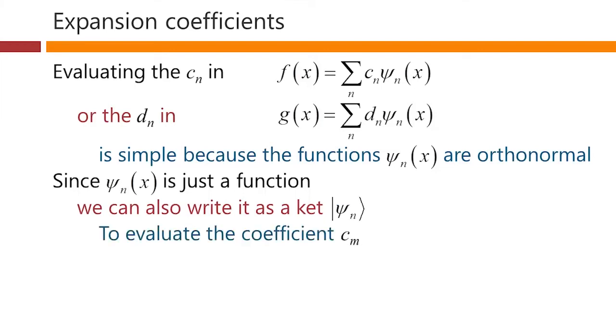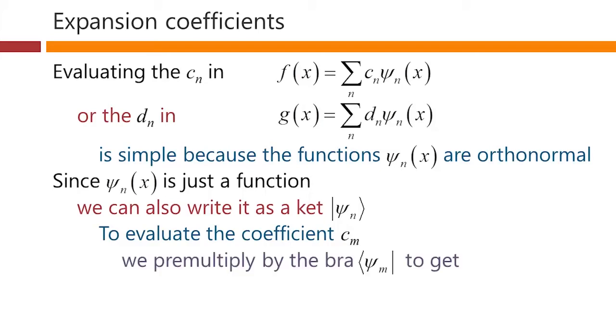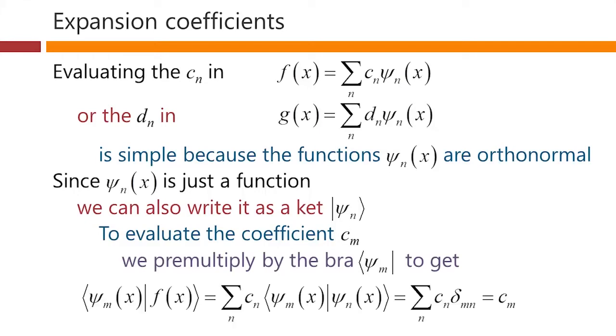And to evaluate this coefficient, for example, some specific coefficient Cm, all we do is we pre-multiply by the bra vector. So, pre-multiplying the ket vector f of x by the bra vector psi m of x, let's look at what that does. We'll put that inside the expansion now.